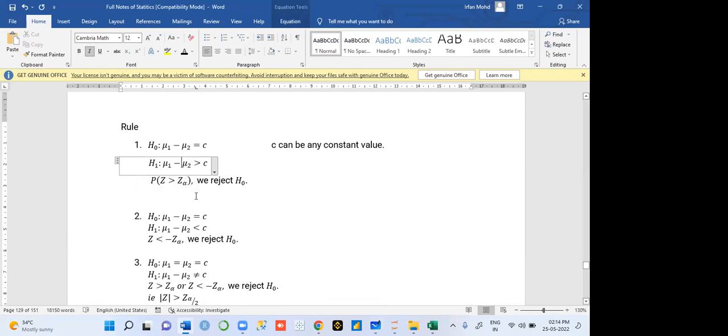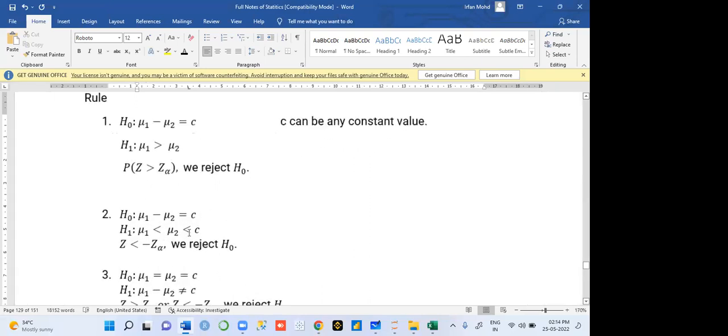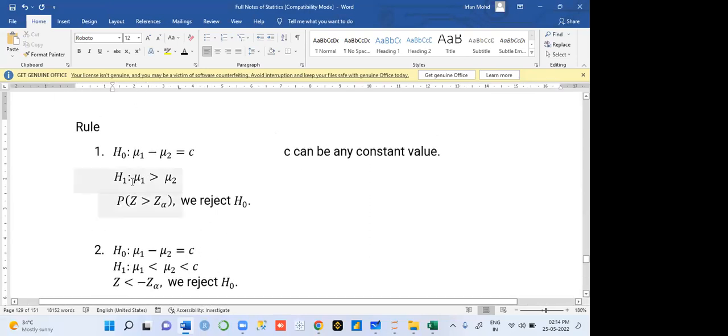Where is our solution met? Which is matching for us? First one, second one, or third one? Do we have a hypothesis like this? First one.